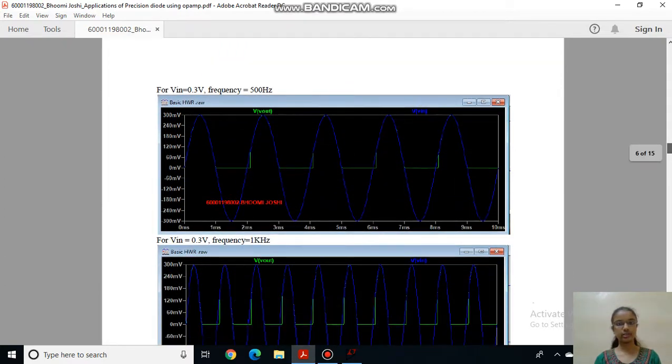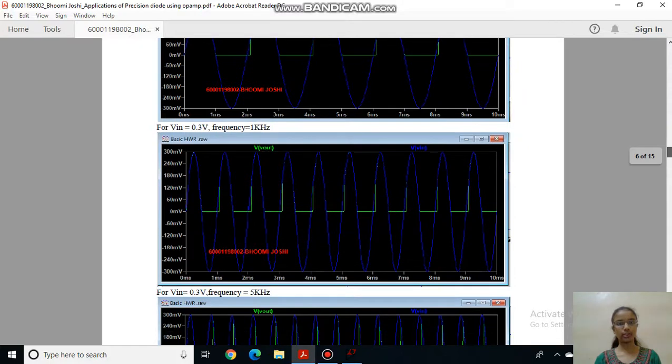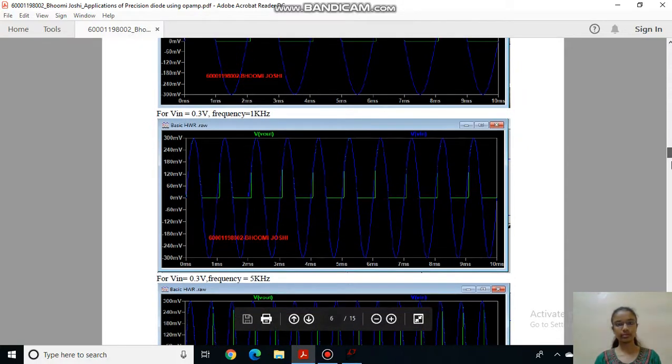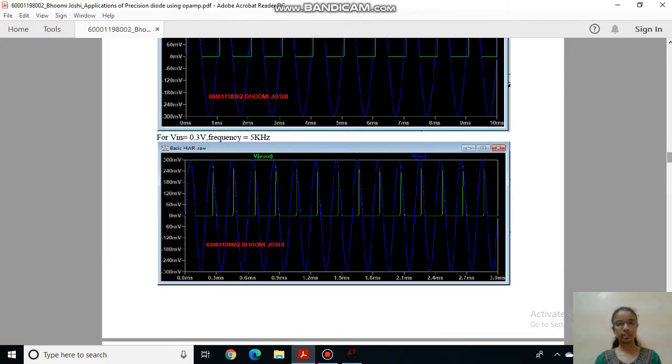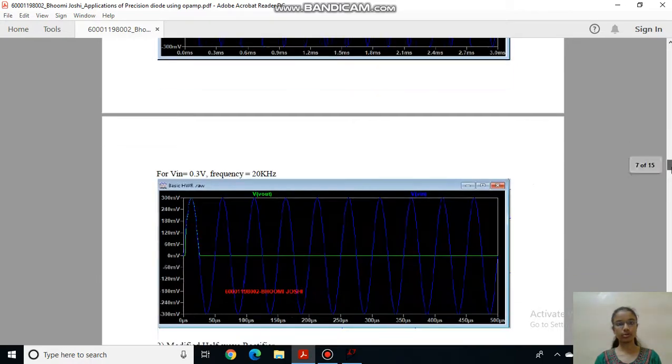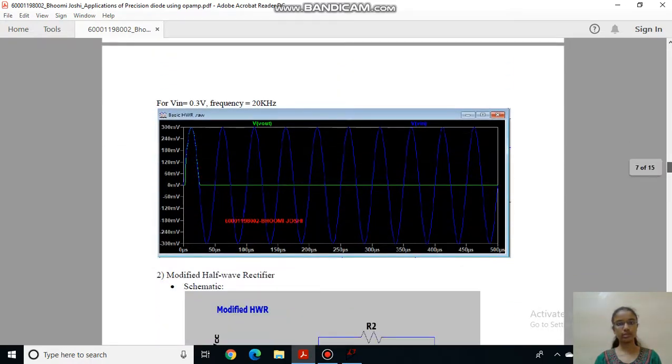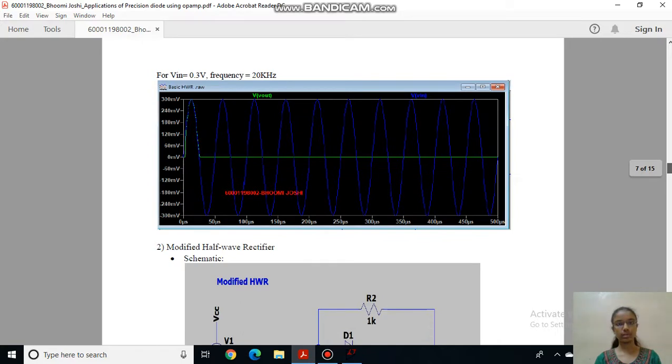We have already seen this waveform. This is for 1 kHz. This is for 5 kHz. As you can see, whenever I increase the frequency, my output gets more distorted. So at 20 kHz, it looks like this.